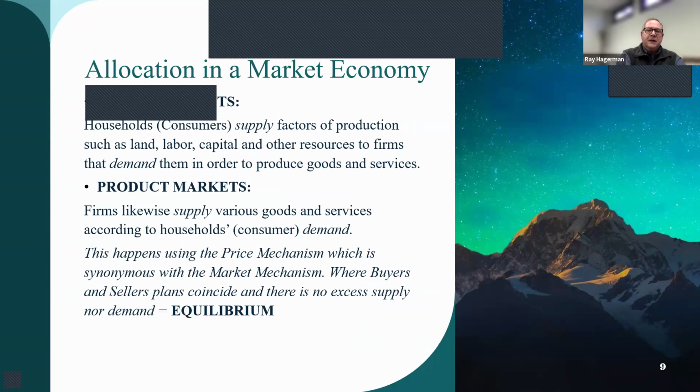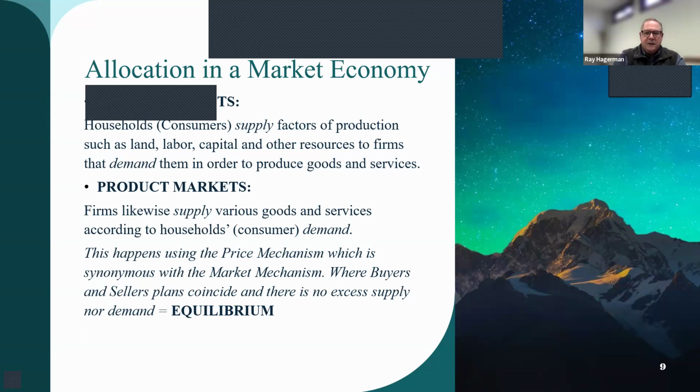They provide those to firms who in turn produce things. So if households supply the factors of production to firms, the firms are actually demanding some of those things so that they might produce their goods and services.